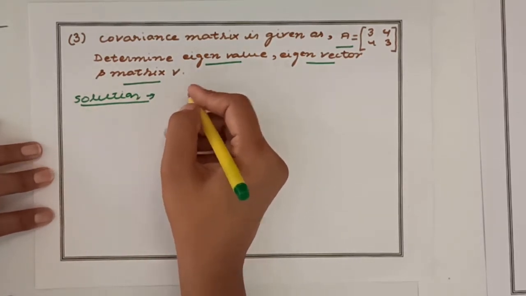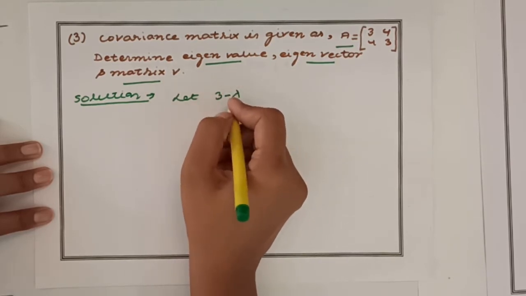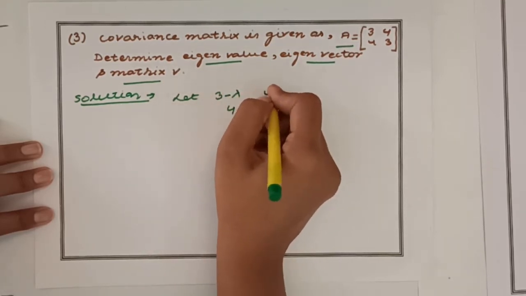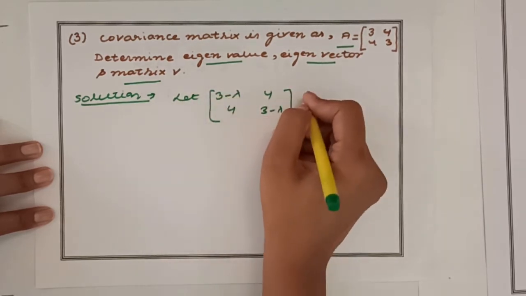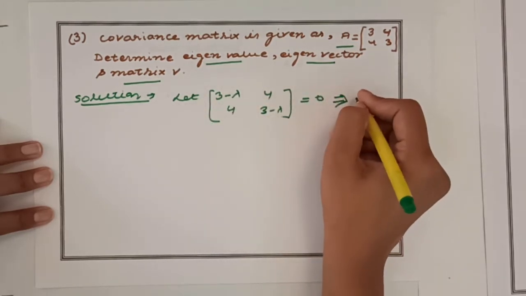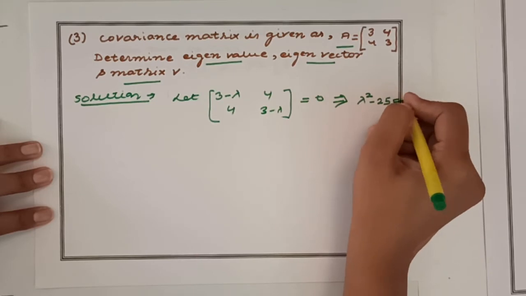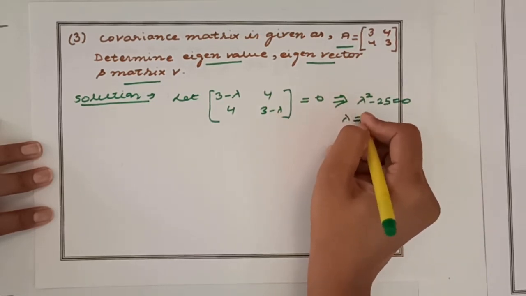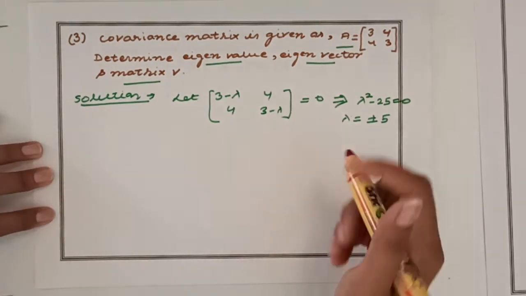For the given matrix, 3 minus lambda, 4, 4, 3 minus lambda, this is equal to 0. From here you can write it as lambda square minus 25 is equal to 0. It means lambda would be what? Plus minus 5.